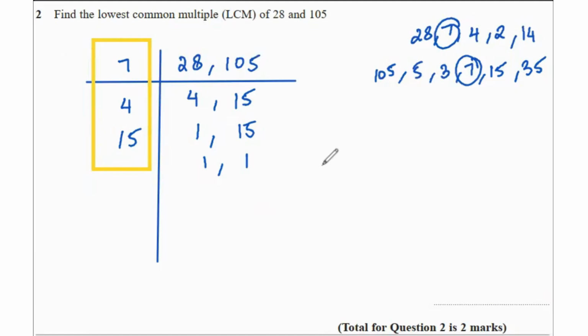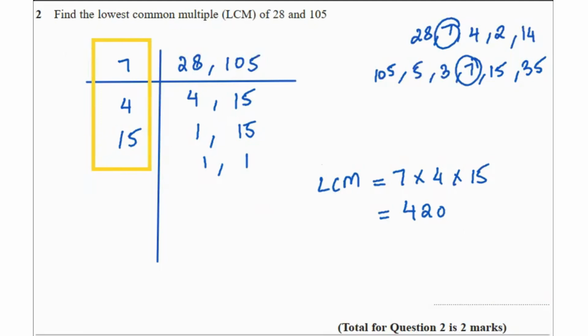So we will multiply 7, 4, and 15. That's basically 28 times 15, which is equal to 420. So 420 is your lowest common multiple.